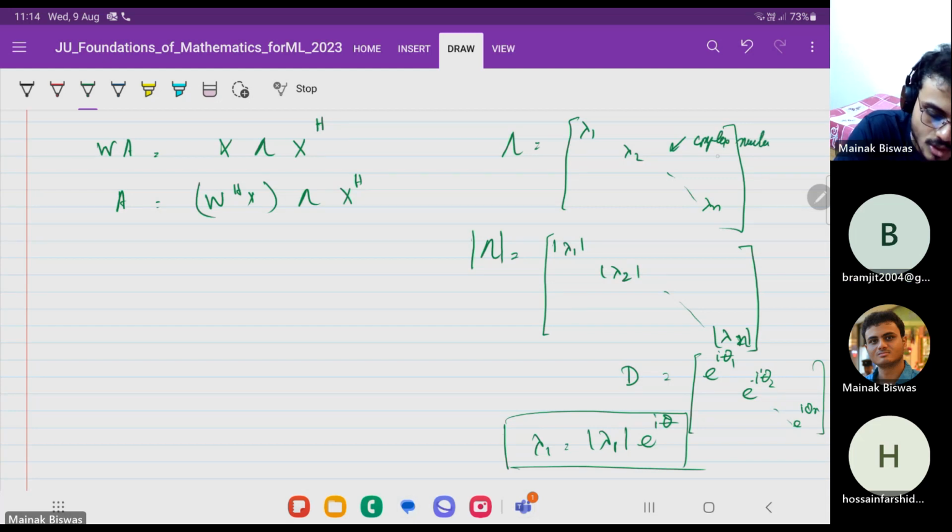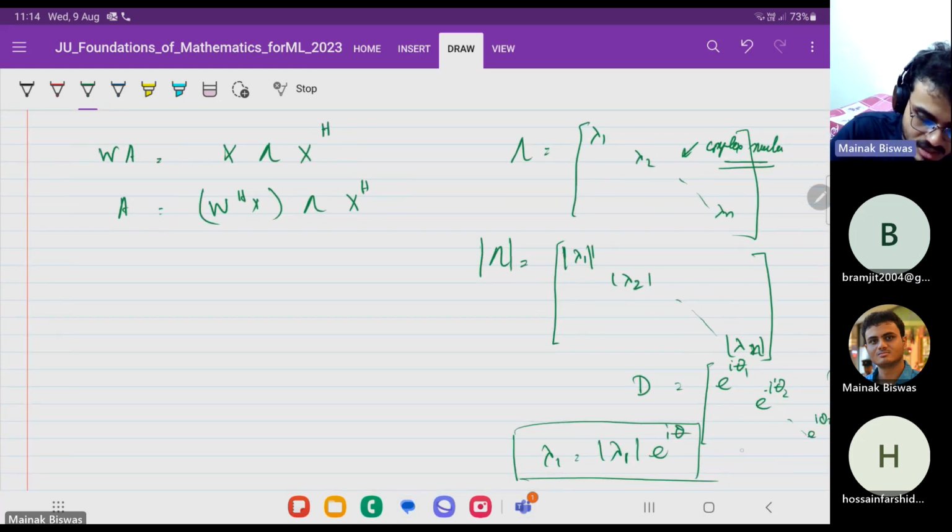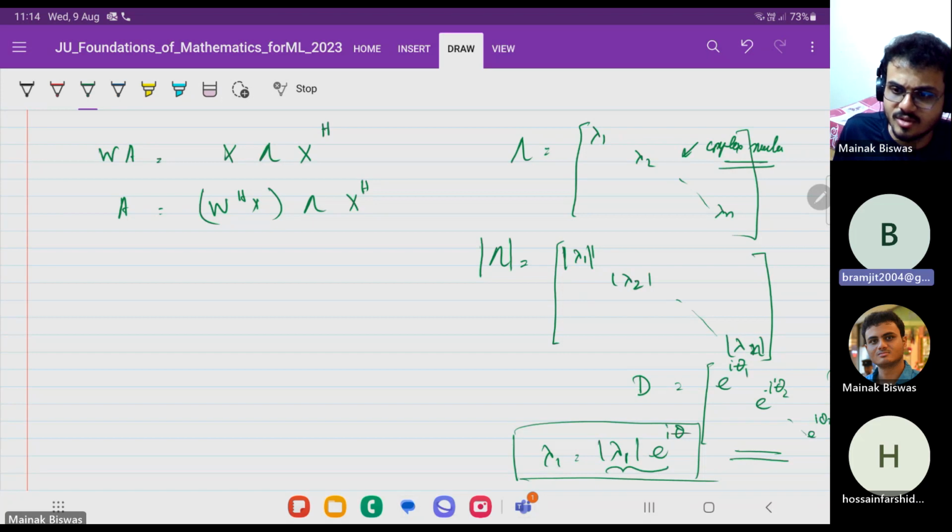So I don't want complex numbers as singular values. I want them to all be real numbers which are all positive. Understood? So to do that, I will be taking this modulus, and I'll be doing this. So this is my any complex number. Do you agree?